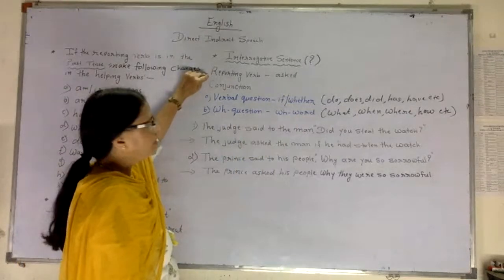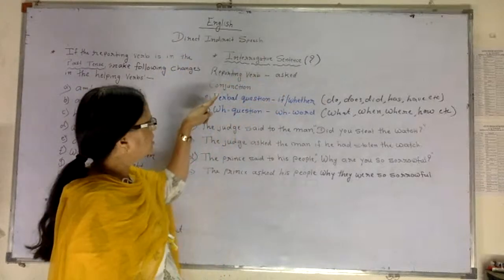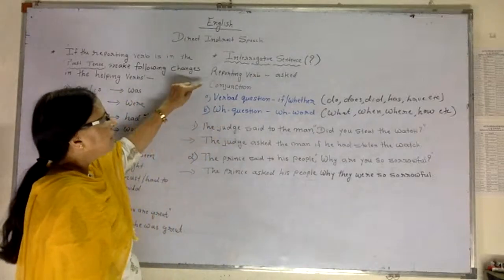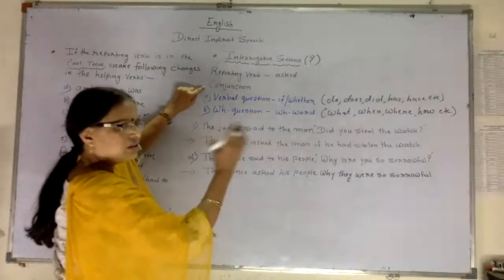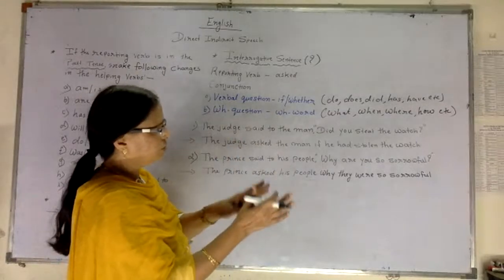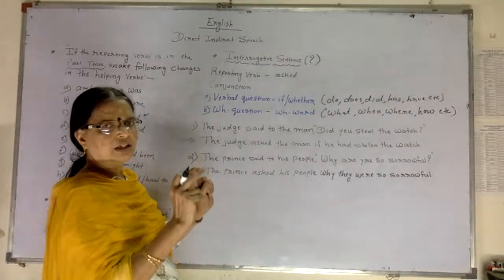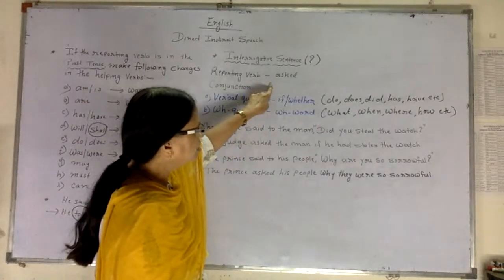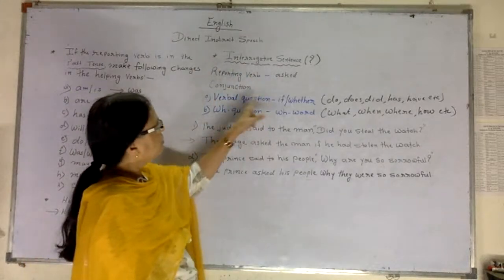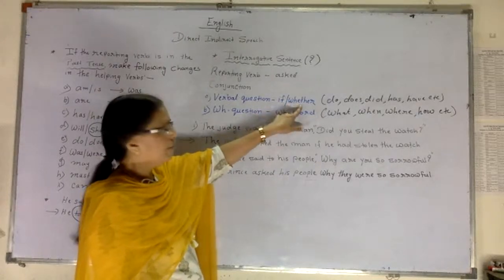So first thing, keep in mind, the reporting verb you will be using is asked only, whether it is a verbal question or a WH question. Then now the conjunction, that means you are joining the sentence. Once you have written the reporting verb, you take the reported speech out of the inverted commas and join it with a conjunction. If it is a verbal question, you have to use if or whether.